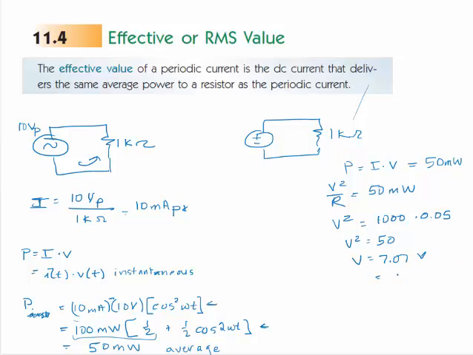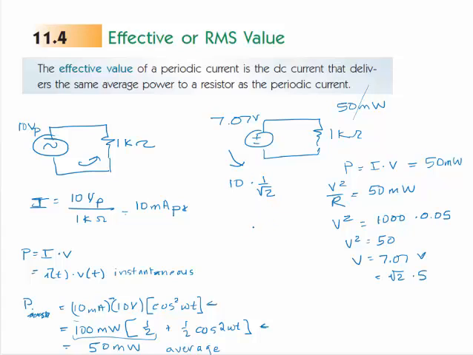It's actually the square root of 2 times 5. So at 7.07 volts DC, I will dissipate exactly 50 milliwatts average power in this resistor, which is 10 times 1 over the square root of 2.